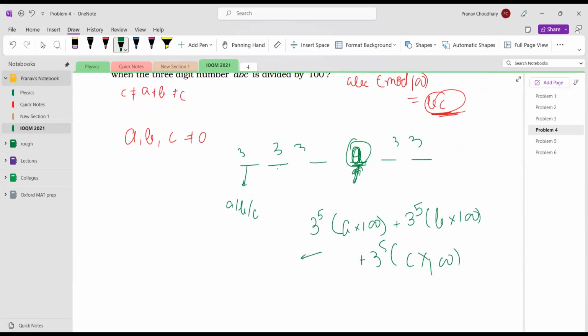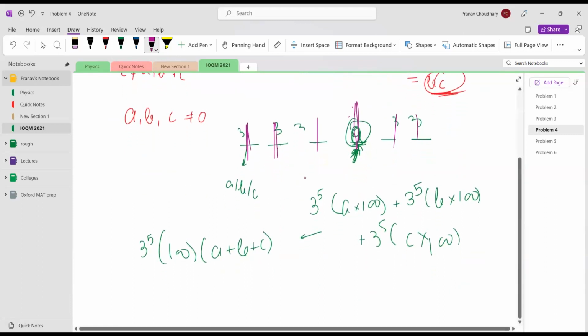So the total contribution with this place will be 3 to the power 5 times 100 times A plus B plus C. Now notice that we only consider this place. A, B, and C can also be at this place, this, and this.